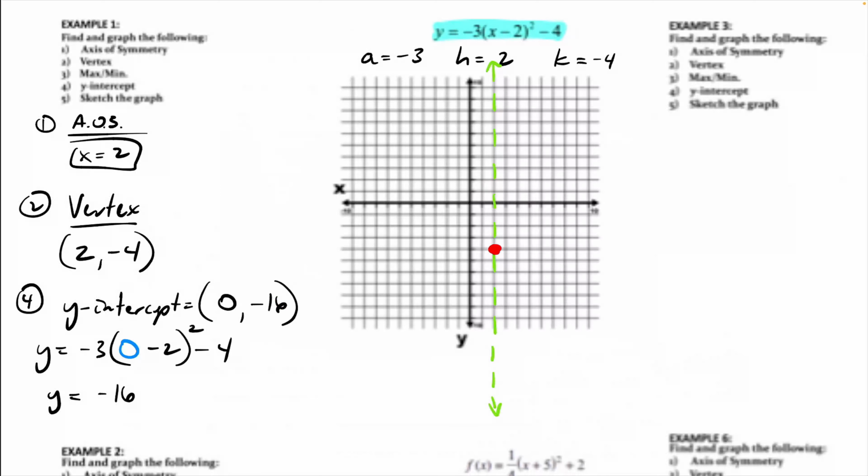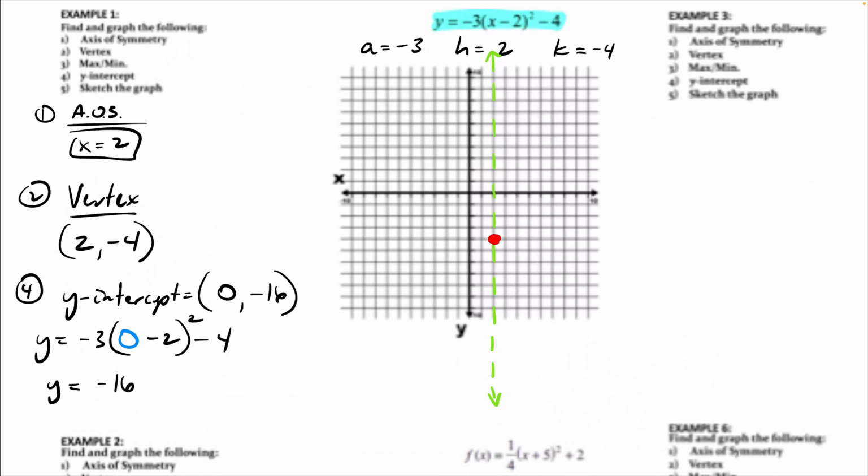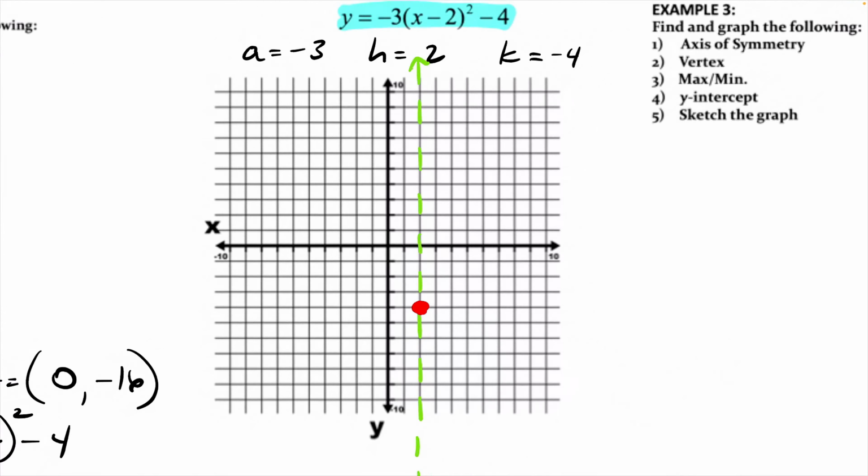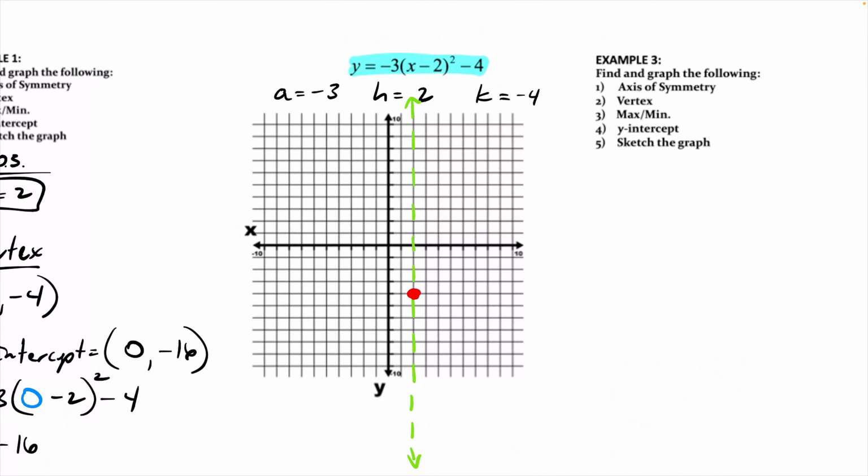So if I did have a negative 16, it goes down to negative 10, right? So negative 10, negative 11, 12, 13, 14, 15, like right around here somewhere. Best estimate. It's the best I can do because my graph doesn't go there.